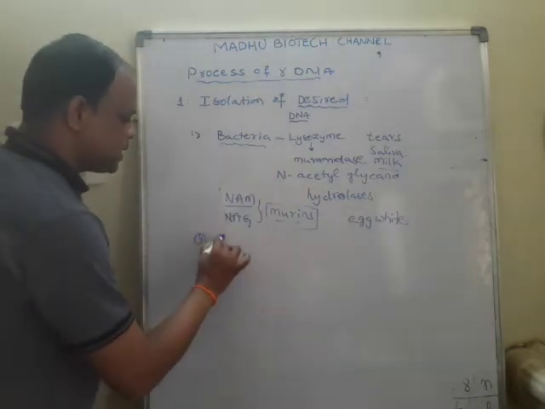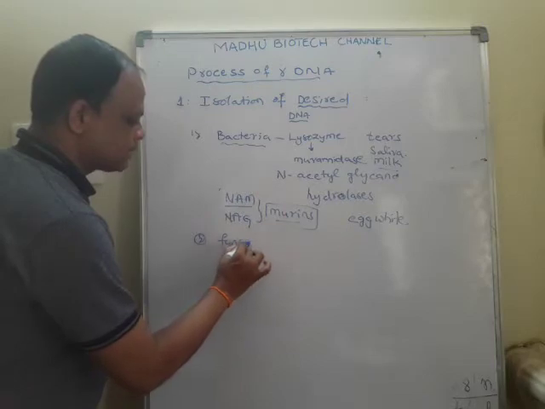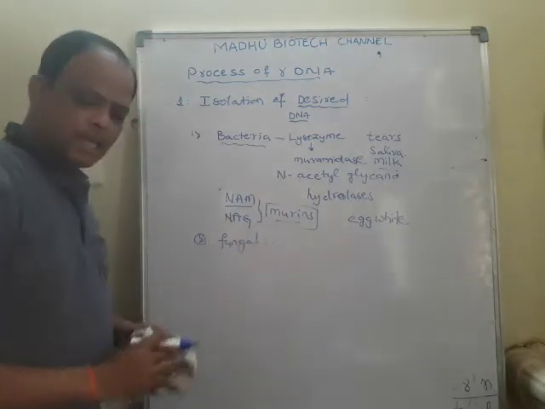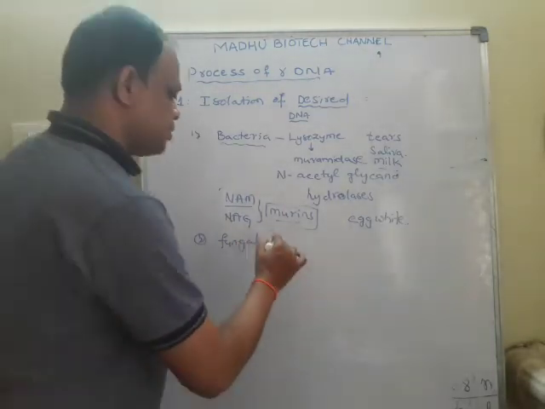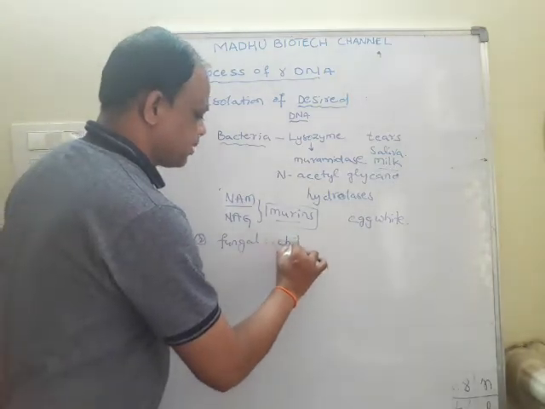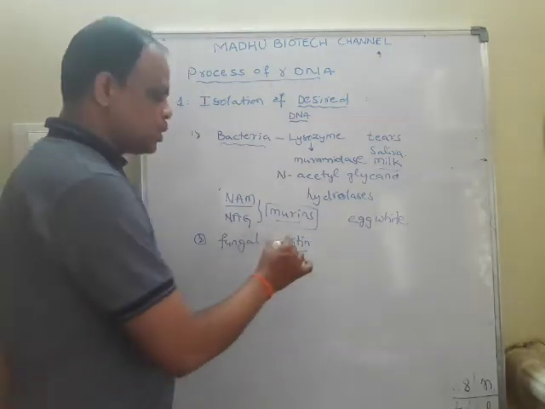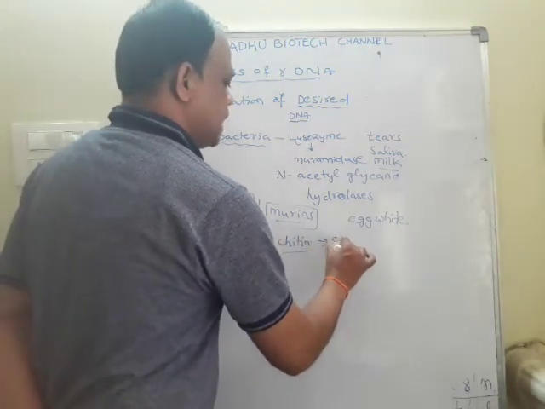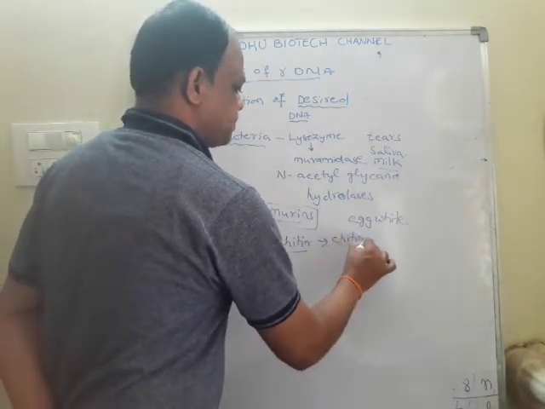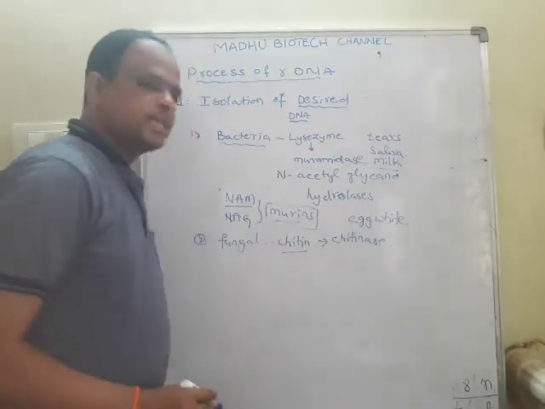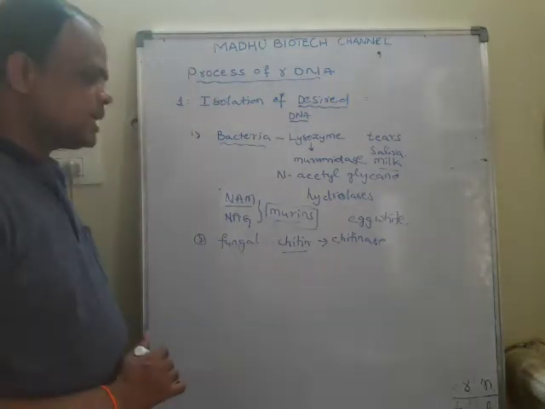The second one is fungal cells. The fungal cell wall is made up of chitin. To degrade this chitin we use the enzyme chitinase. The chitinase enzyme is used for fungal cells.